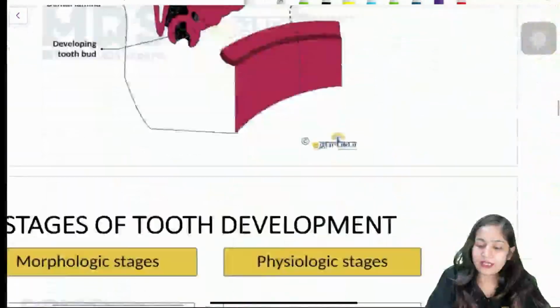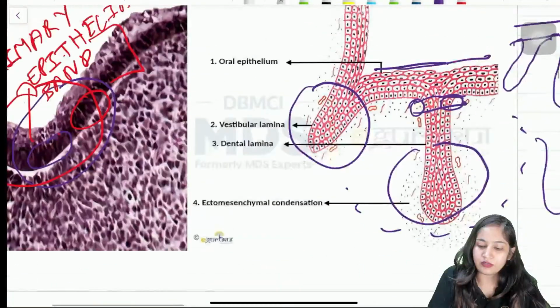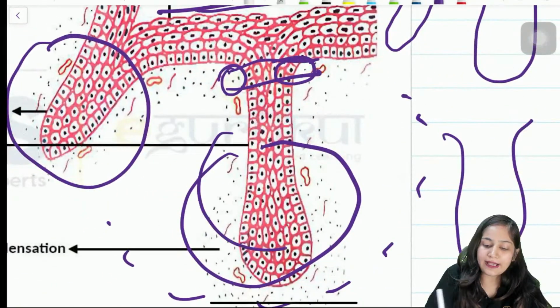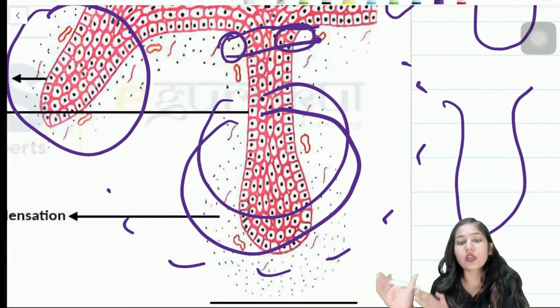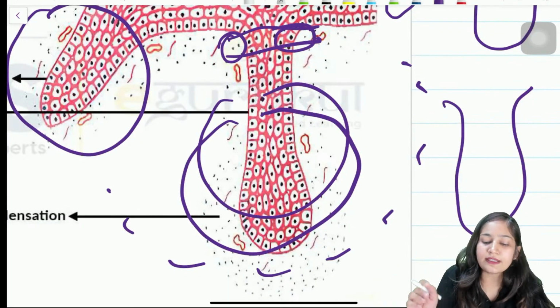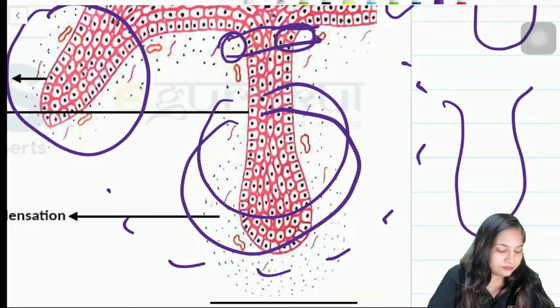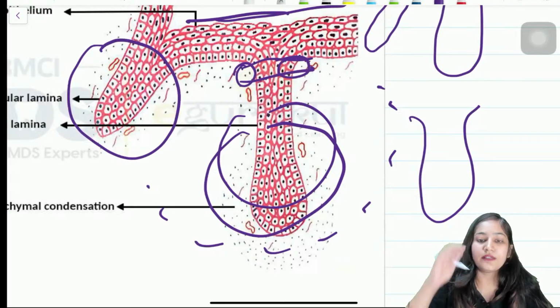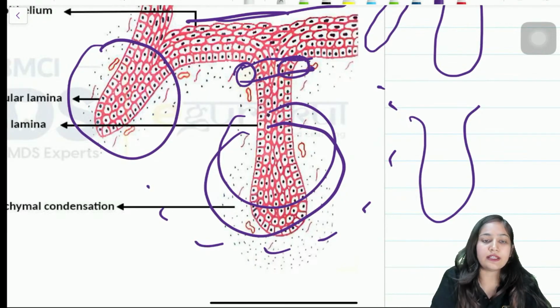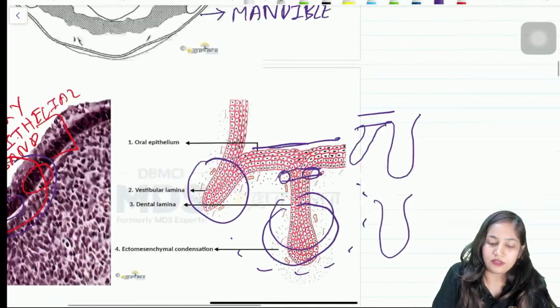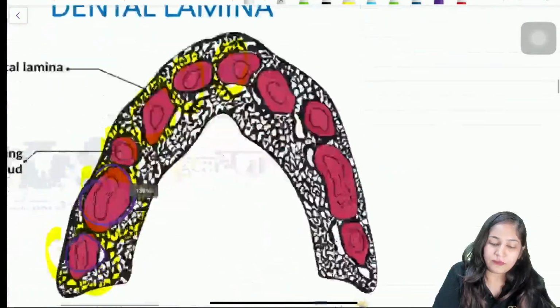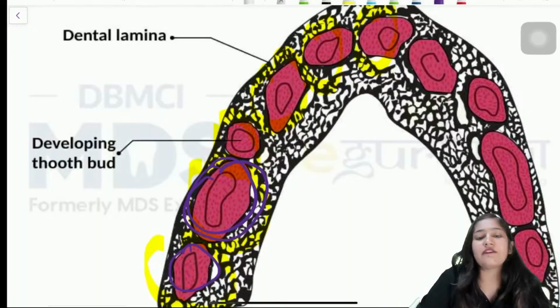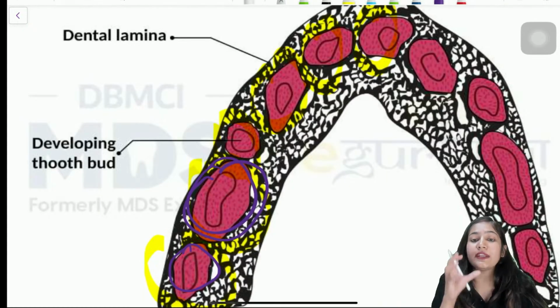We have this knob-like extension at 10 different locations, which is the tooth germ for developing teeth, the enamel organ here, which will further lead to formation of deciduous teeth.